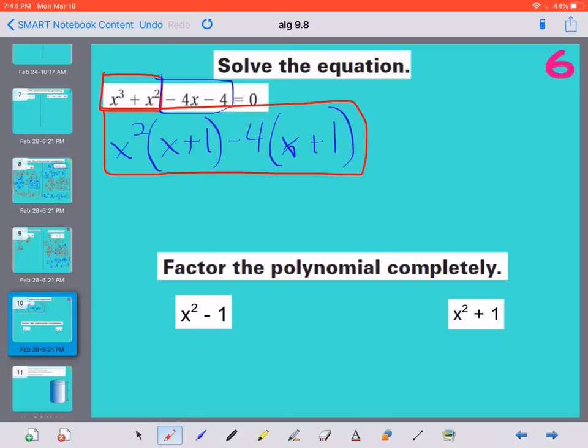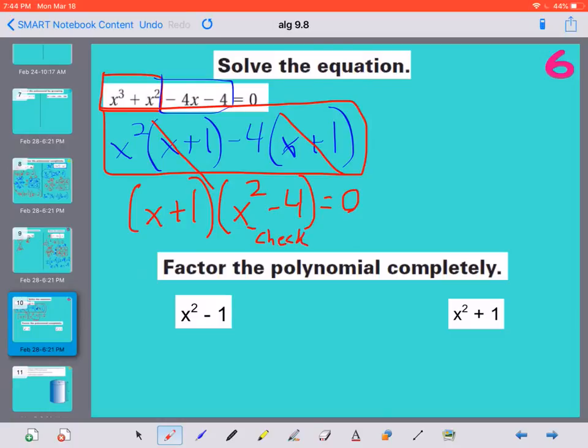Well, I figured out that I could take out an x plus 1 and an x plus 1, so I have x plus 1. And then what I'm left with is x squared minus 4 equals 0.